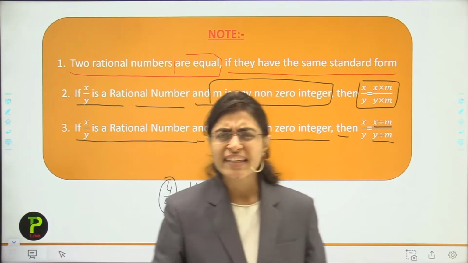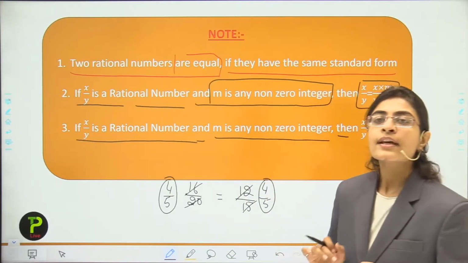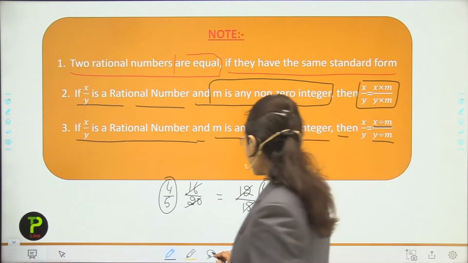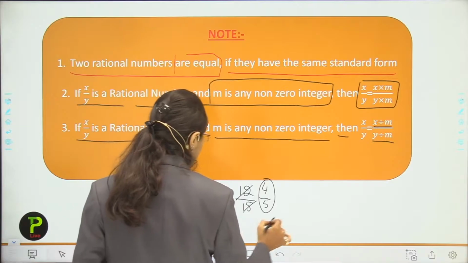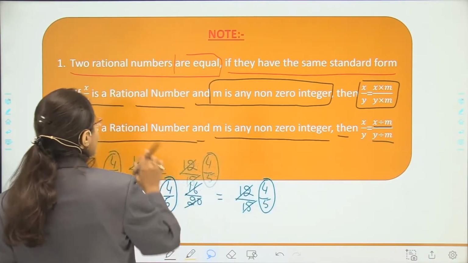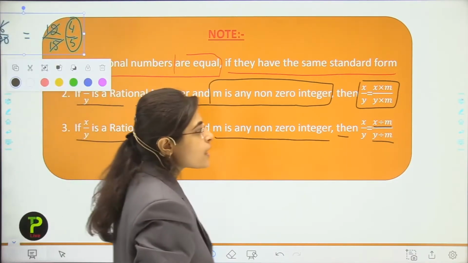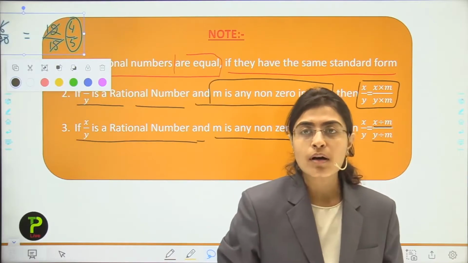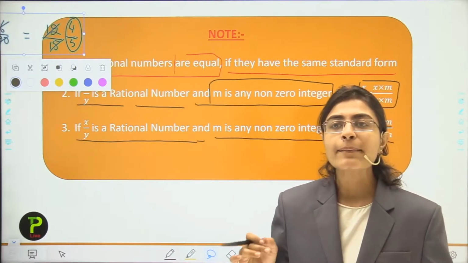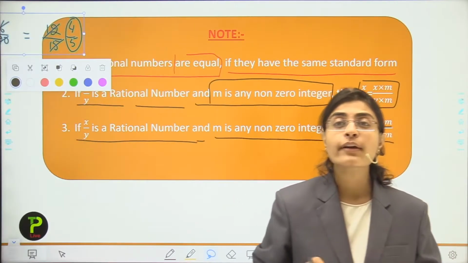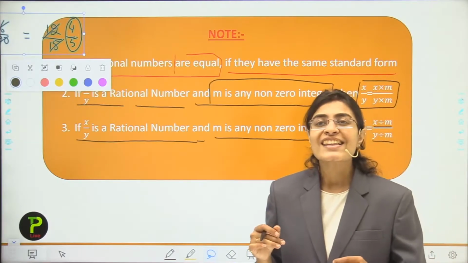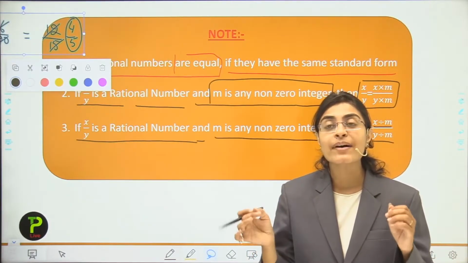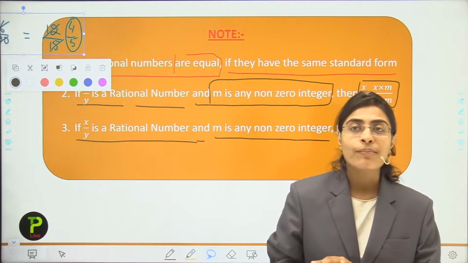Let us understand these 2 points together. They mean that when we multiply or divide the numerator and denominator of a rational number by the same number, the value of the rational number remains the same.